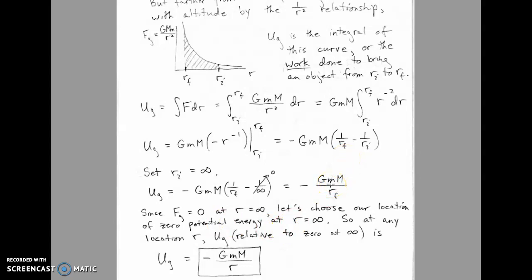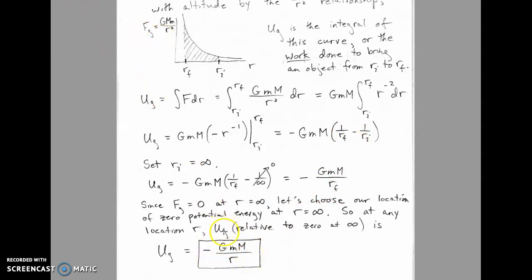And so by always making the initial r infinity, or choosing our location of zero potential energy, remember we can always choose that, it's relative, to be at r equals infinity, then every other location is relative to there, and you just have this one term, which is negative GMm over r.